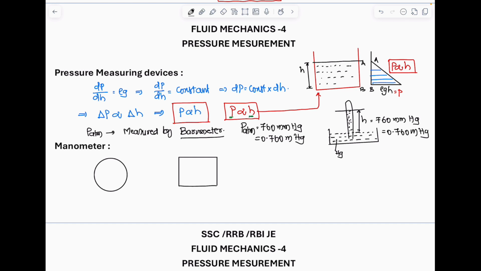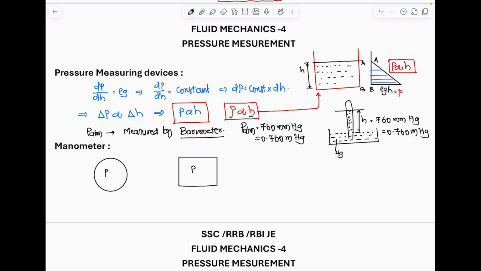If I want to measure the pressure in a circular vessel, how to measure it?